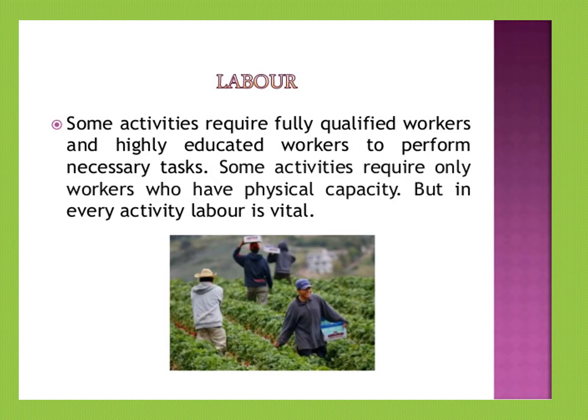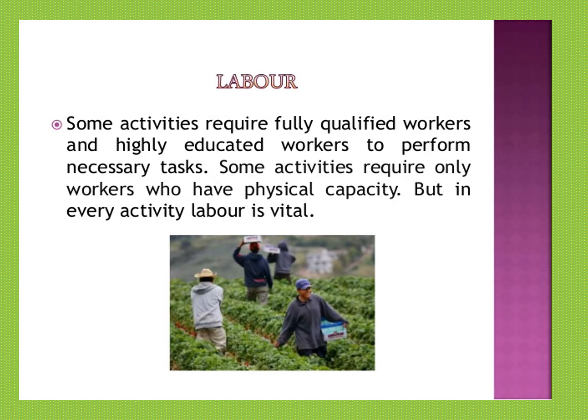For example, if I'm constructing a building, the company who is constructing a building needs to have educated people, qualified workers. But the people who are actually constructing it, the construction workers, they just need to be skilled in constructing.